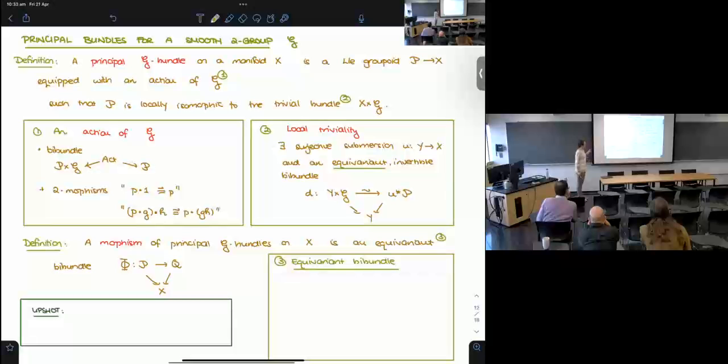And so now I owe you the definition of equivariant. But before I give it, let me just say that once we have that definition of equivariant, I'll be able to say what's a morphism of bundles. It's an equivariant bibundle between P and Q. And then we can say what are 2-morphisms? They're morphisms of equivariant bibundles.